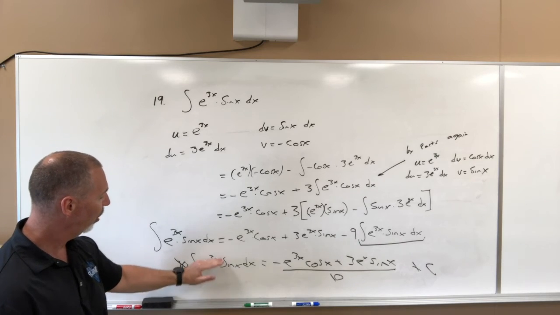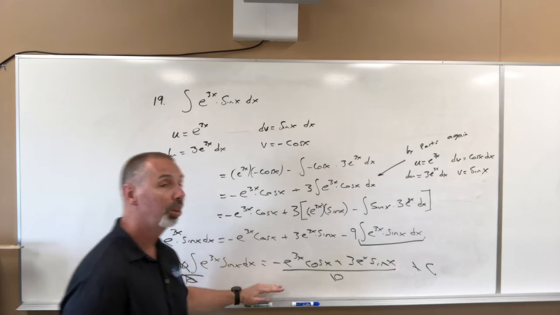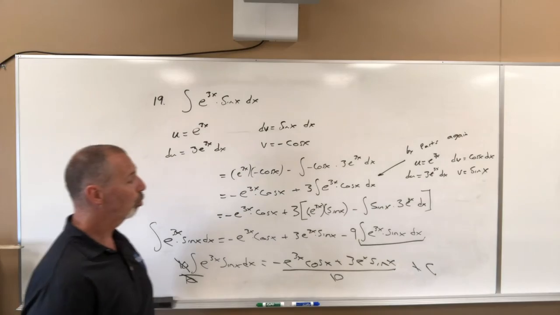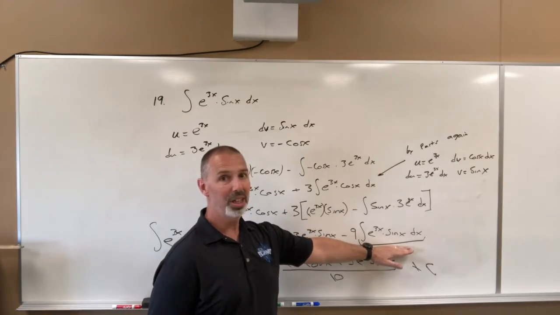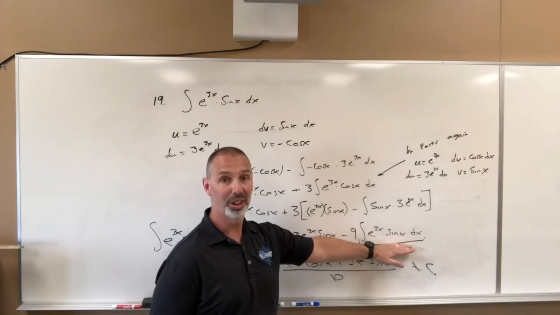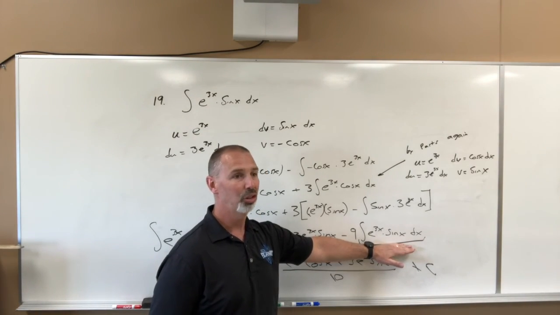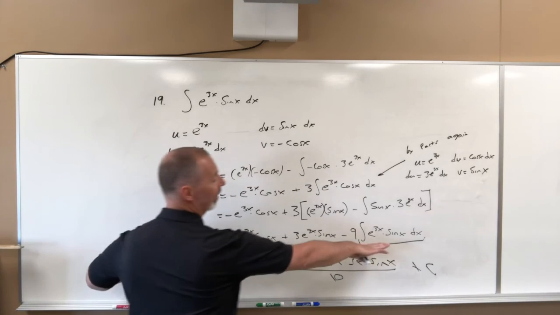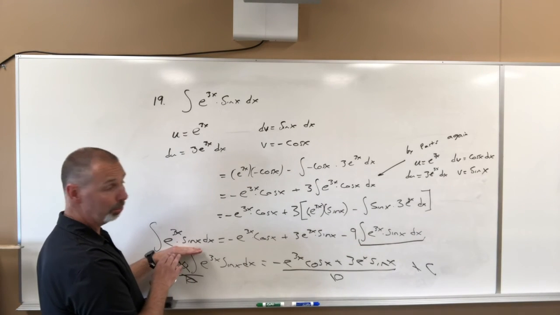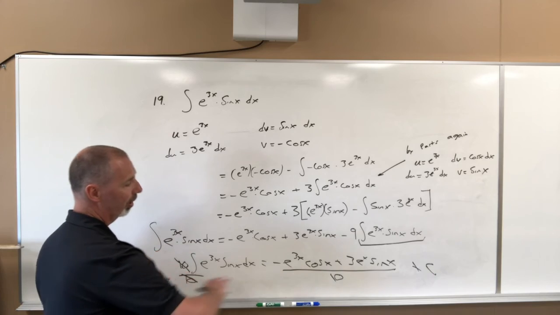But the trick comes in recognizing that when we got to this point here, we had our question here again, right? And so by remembering that that's what we were solving for, I can collect my like terms, because they are like terms, and get that.